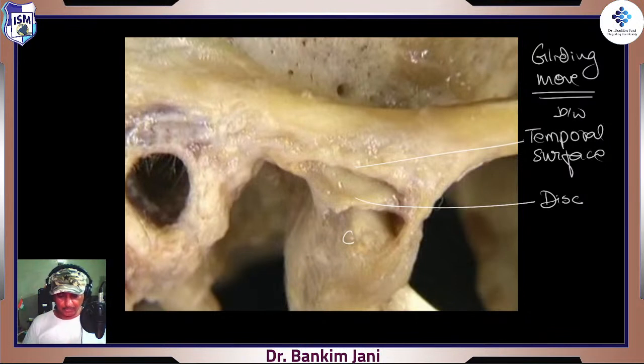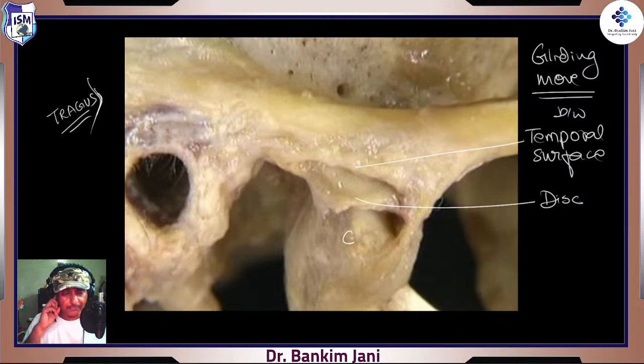Now, if you really want to feel it, you must feel it. You know that prominent part, this is what is called the tragus. That is just in front of the external auditory meatus, the piece of ear which is that prominent part, called the tragus.